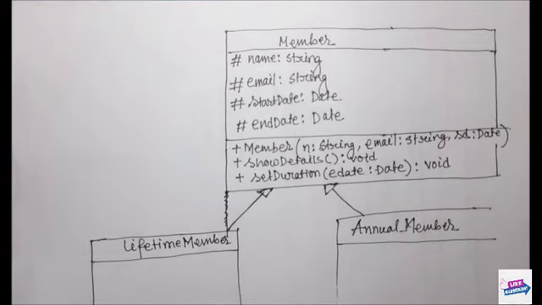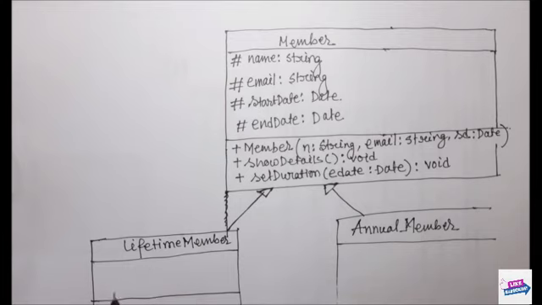Let me define some discount based on the lifetime member, and for annual member I will also provide some discount. Those features are already available in my derived class, so I am just adding an additional property.